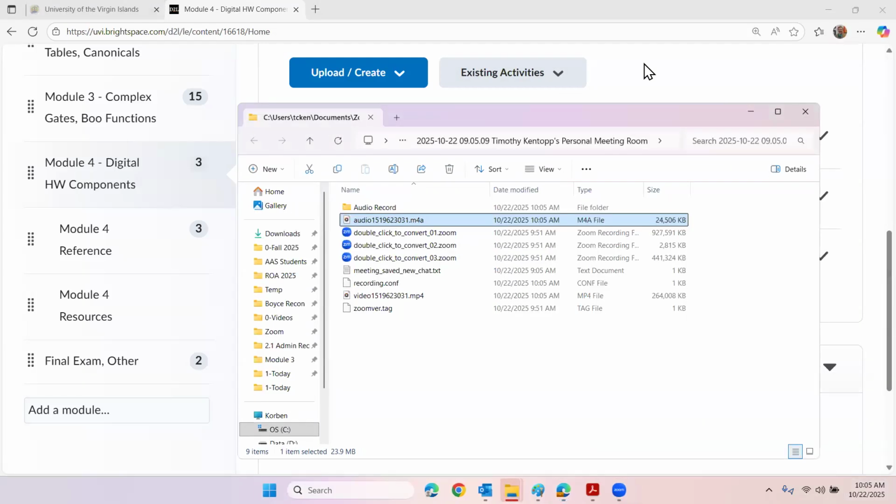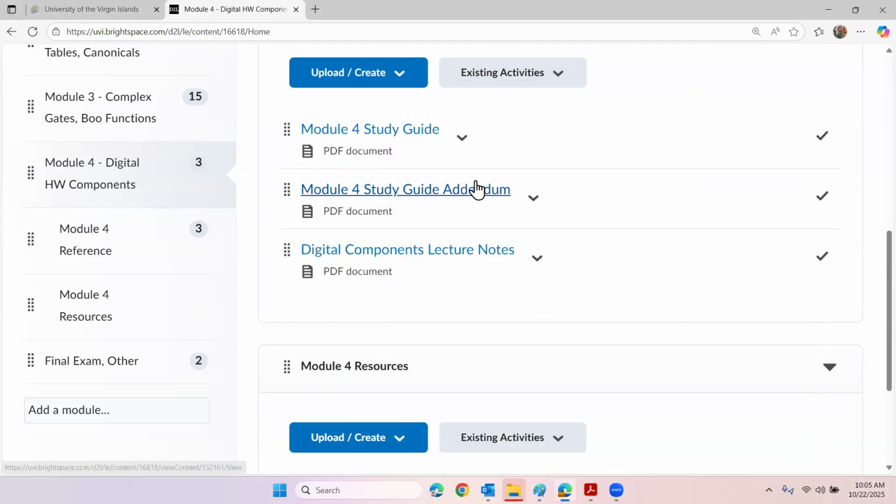And we are taking up our review of concepts and methods in Module 4, which has to do with digital components, the hardware digital components, the physical side of digital components.